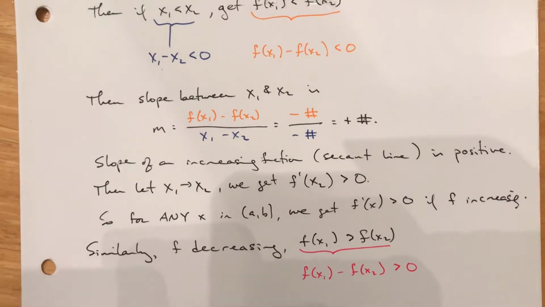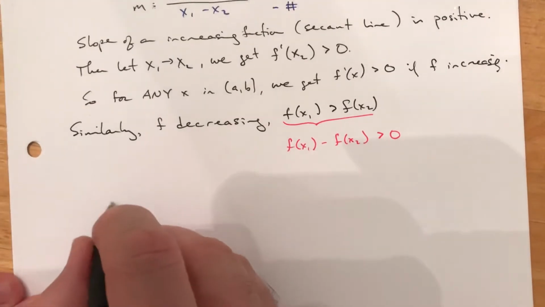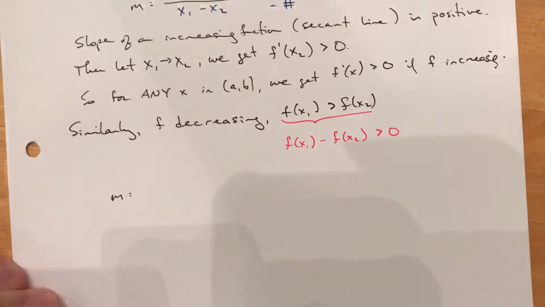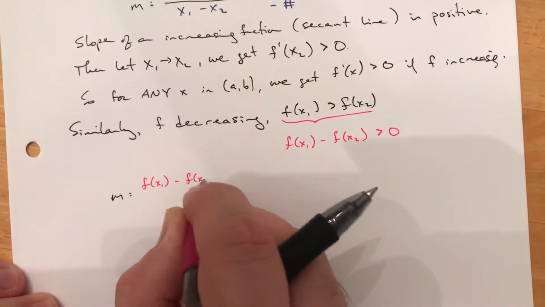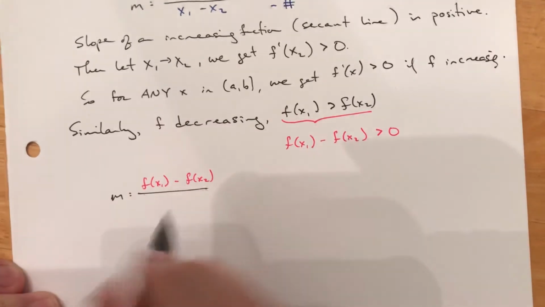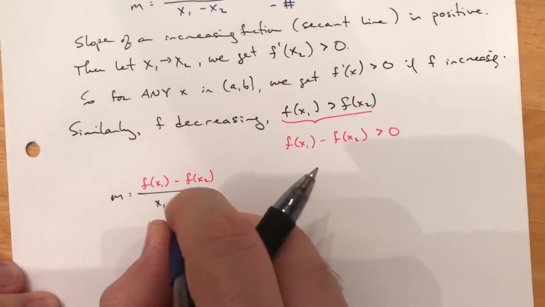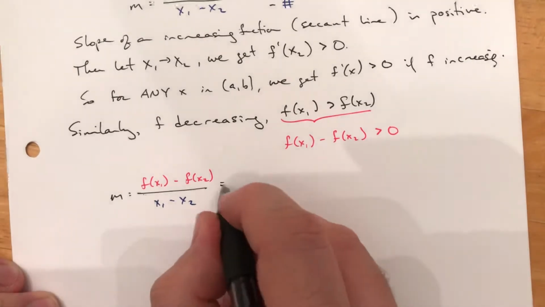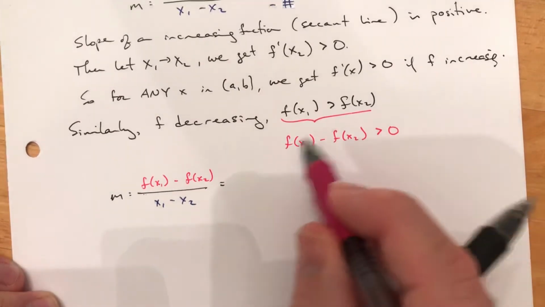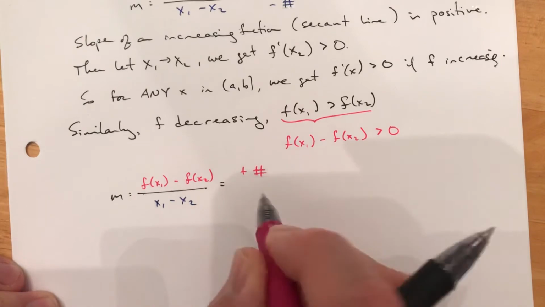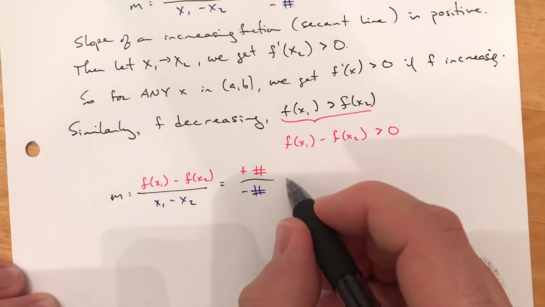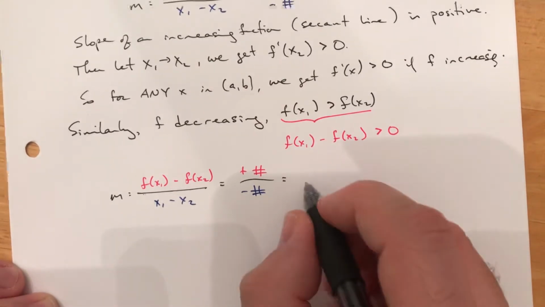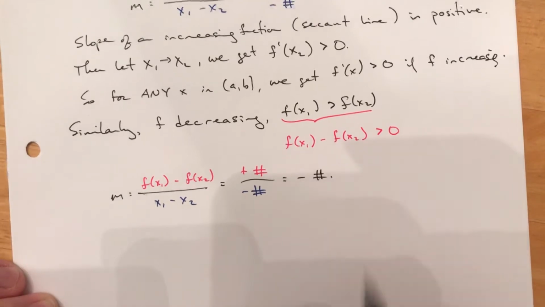And when we calculate our slope, m is f of x1 minus f of x2 divided by x1 minus x2. We just argued that our numerator is a positive number. Our denominator is the same negative number that it was before. And when we divide a positive number by a negative number, we of course have to get a negative number.